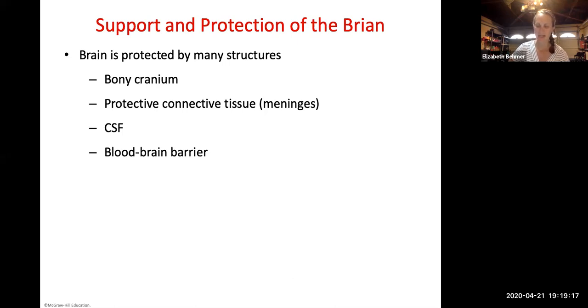And we'll start to get into number 1 and number 2 and number 3 and number 4 here. So it's protected by those meninge connective tissue layers. Also, it's protected with cerebrospinal fluid. That's what CSF stands for. As well, it's protected by the blood-brain barrier. Do you guys remember from last time what cells helped make up the blood-brain barrier?